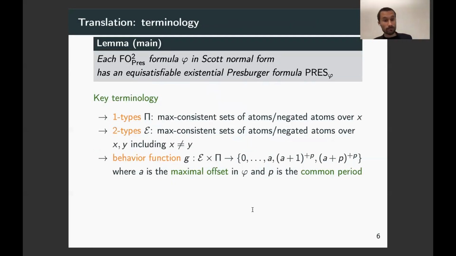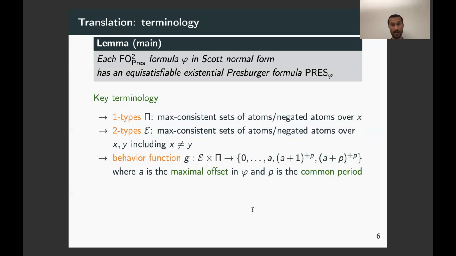Right, so our result boils down to the following lemma: each FO2 Presburger formula in Scott normal form can be translated to an equisatisfiable existential Presburger formula. Now I need to introduce some terminology. First, I want to talk about 1-types and 2-types. These are standard things.